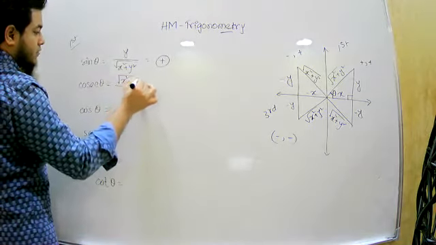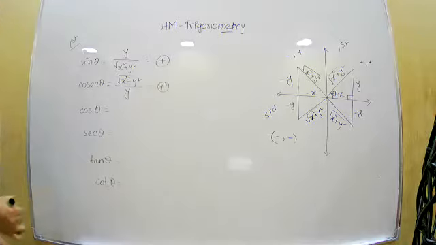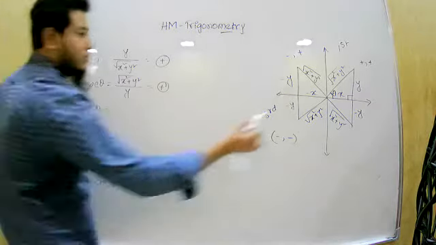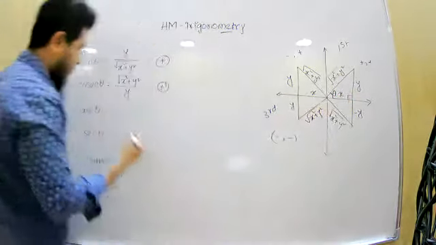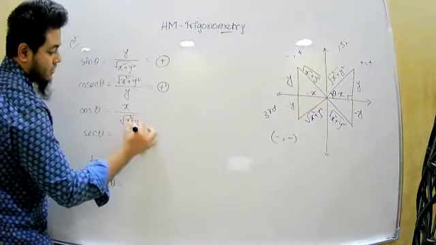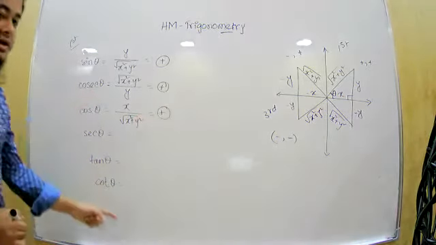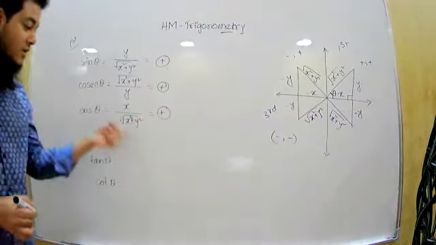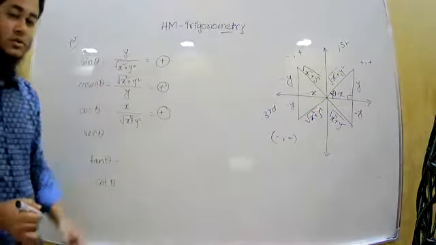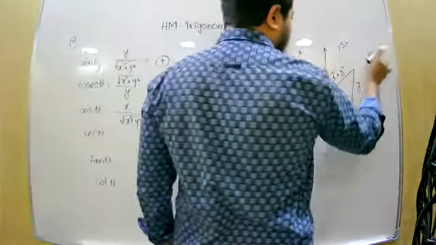Root over x square y square divided by y. So it will also be positive. So similarly, cos, it will be adjacent by hypotenuse. So x by root over x square plus y square is equal to, it will also give us positive. In the similar manner, you will see that all of the trigonometric ratio you are getting positive. That is why in the first quadrant, it is called all positive.